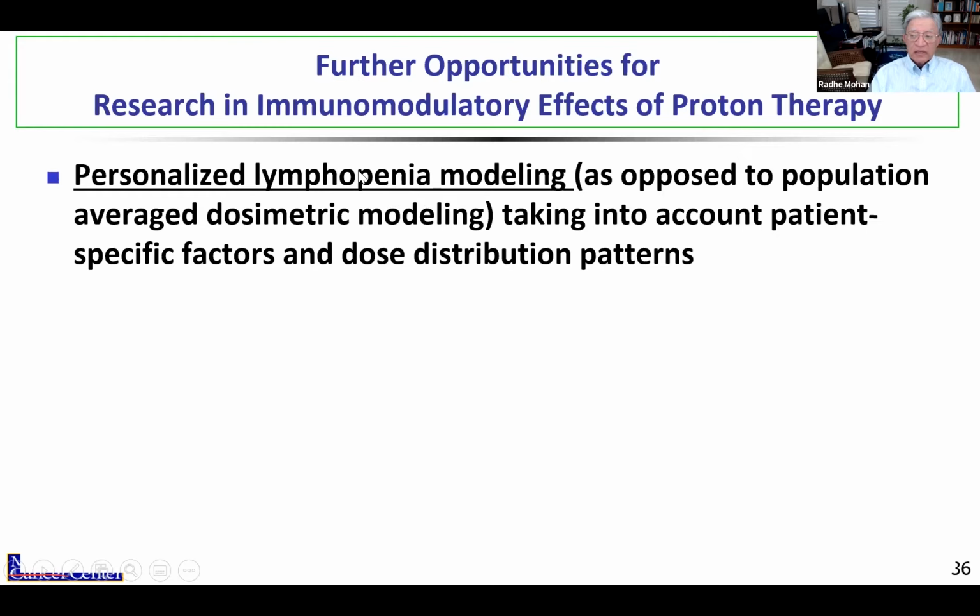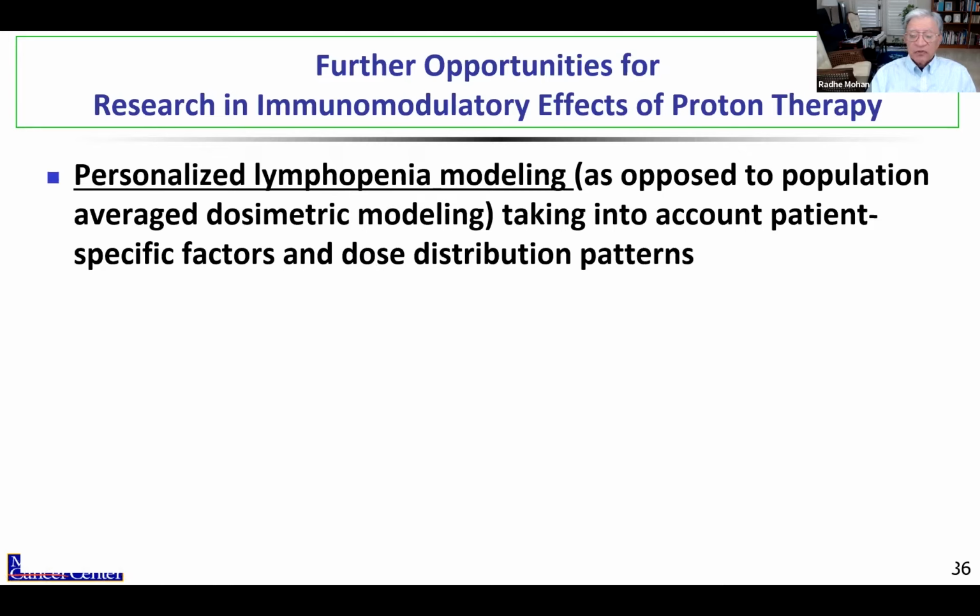I think current models are population-based averages of patterns of volumetric dose distributions. And that's not enough. I think we have to take into account patient-specific characteristics and genetic factors in addition to dose distribution patterns. The response may depend upon tumor size, tumor location, neighboring tissues, comorbidities, and many other factors.